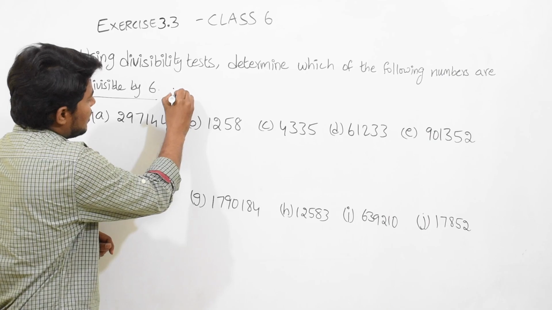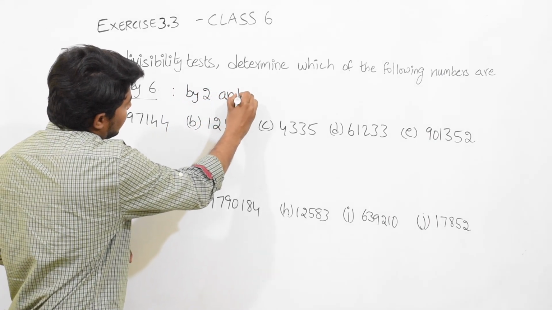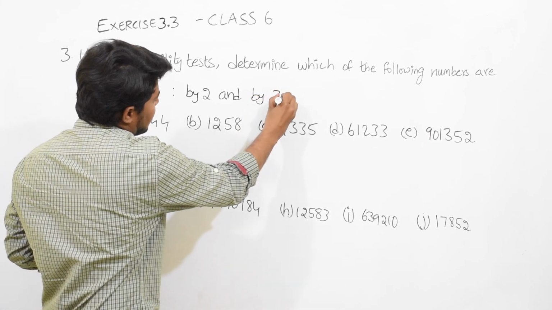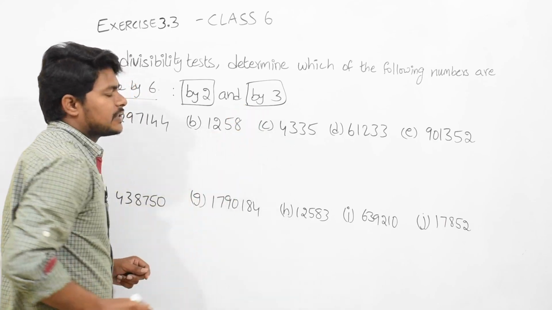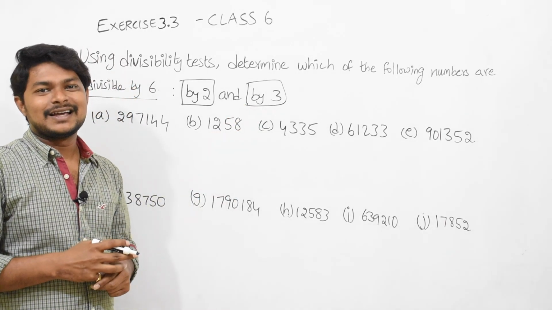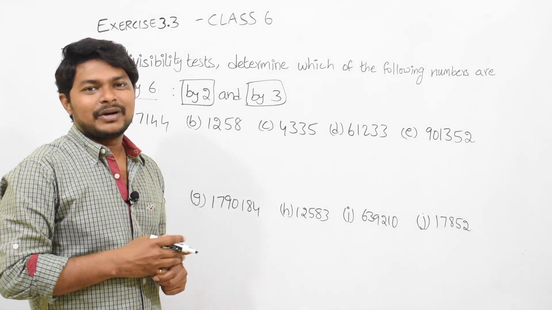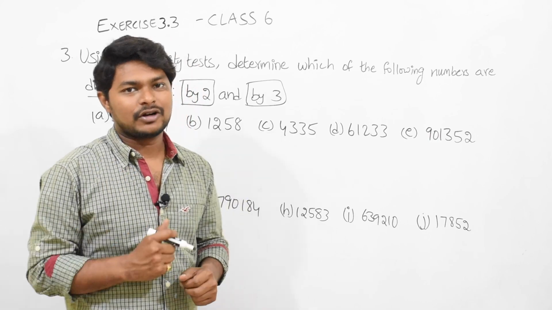It should be divisible by 2 and divisible by 3. If it satisfies both the conditions, then we can say the number is divisible by 6, right? This is what we have seen in the last class. I think you remember. If you don't remember, please go back to that particular video and watch it.